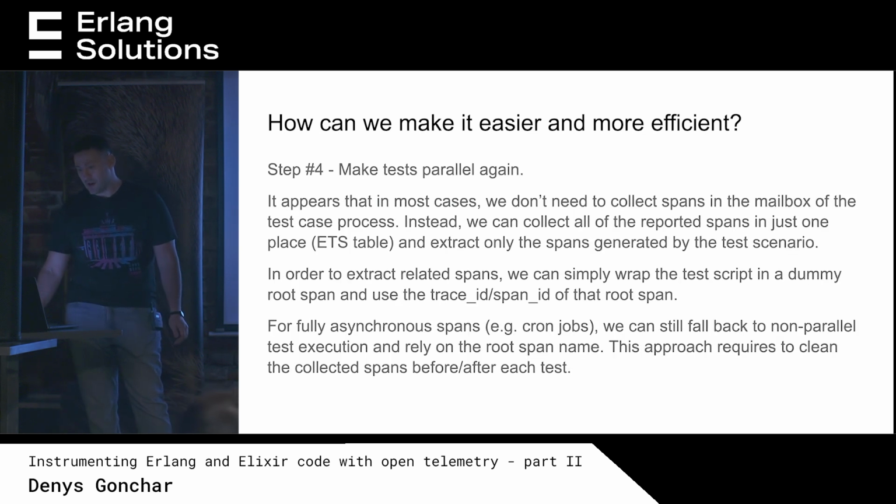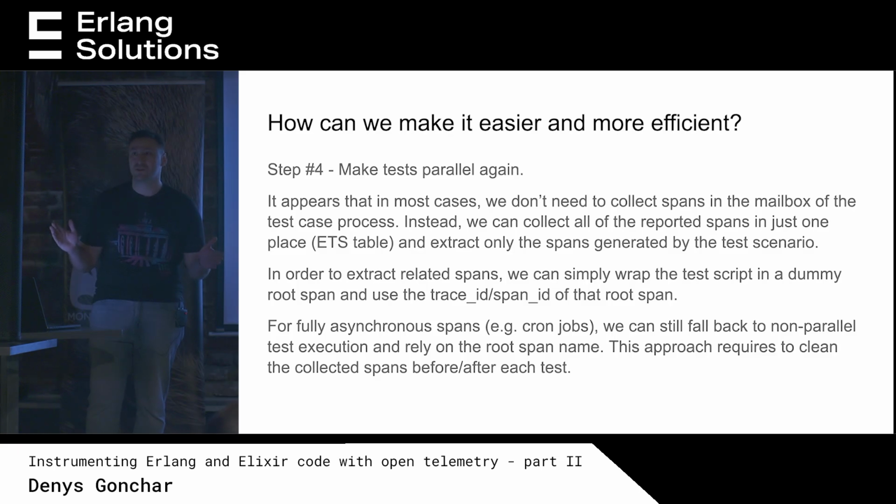And the last thing, parallel execution. For just small additional testing of the spans, you're tripling, quadrupling, and so on, the execution time of your CI pipeline, and it looks bad.